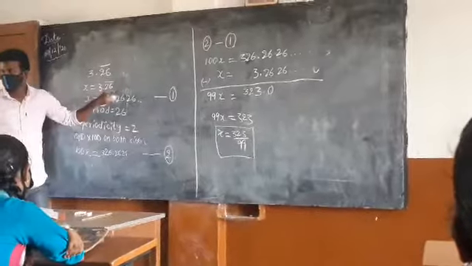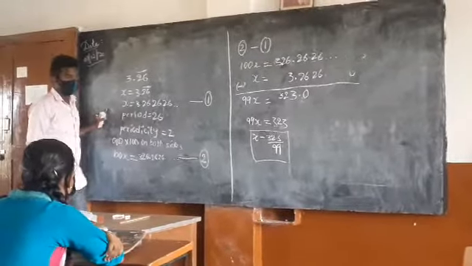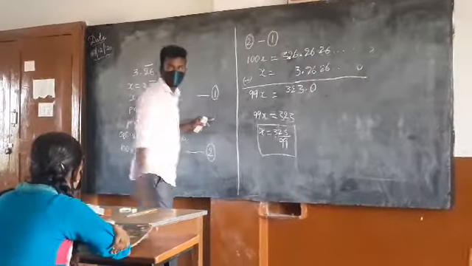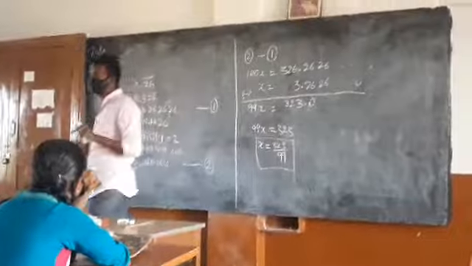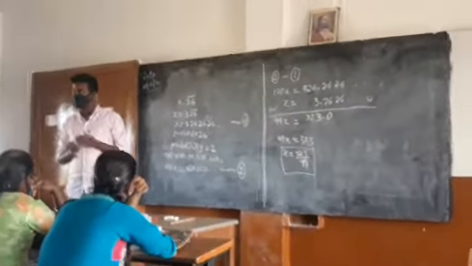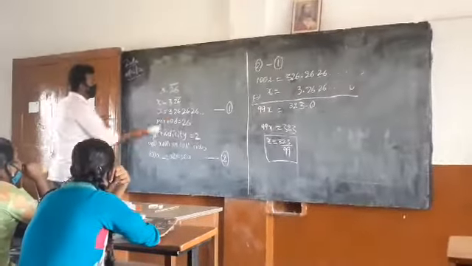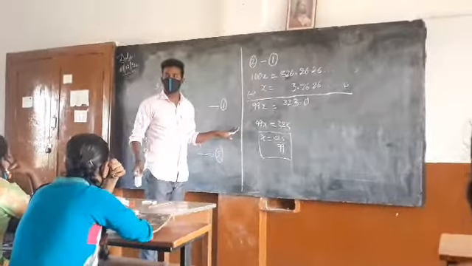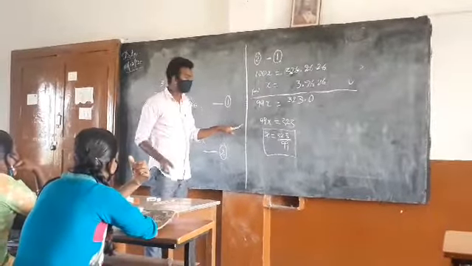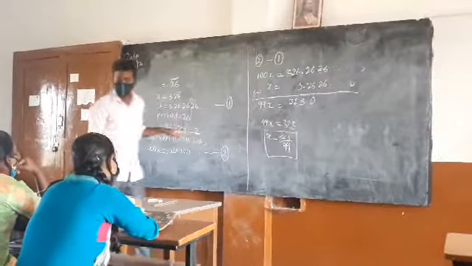You converted a repeating decimal number into p by q form. Now tell me, can non-terminating recurring decimals be converted into p by q form? Yes, we have clearly seen the example here. In this way, any non-terminating recurring decimal can be converted into p by q form. Clear? Note down as fast as you can.